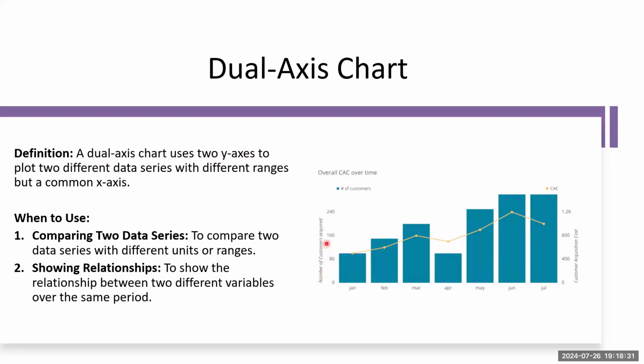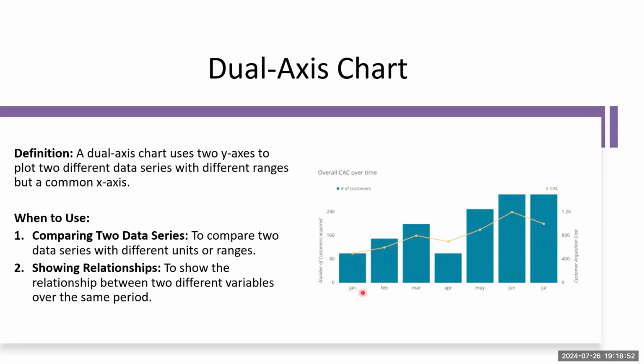One is for the number of customers acquired, which is being shown by the bar graph here. Okay, January, February, March.